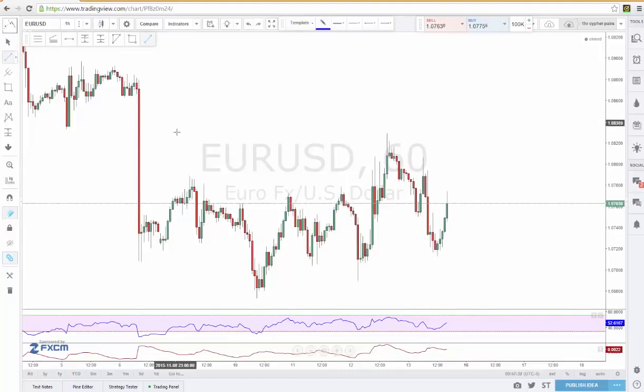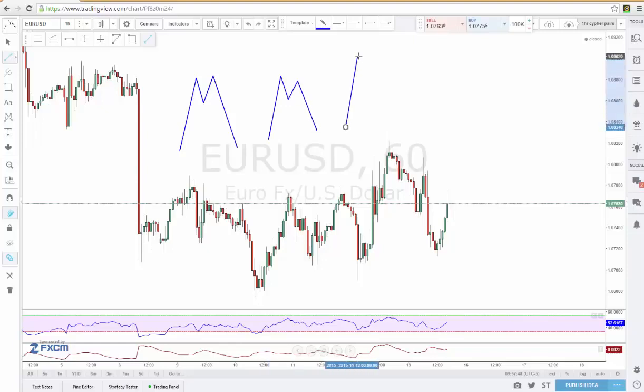Because if you don't have rules for, say, a double top, then is this a double top? And if it is, then is this? Or is this? They all look very similar. They all look like double tops.